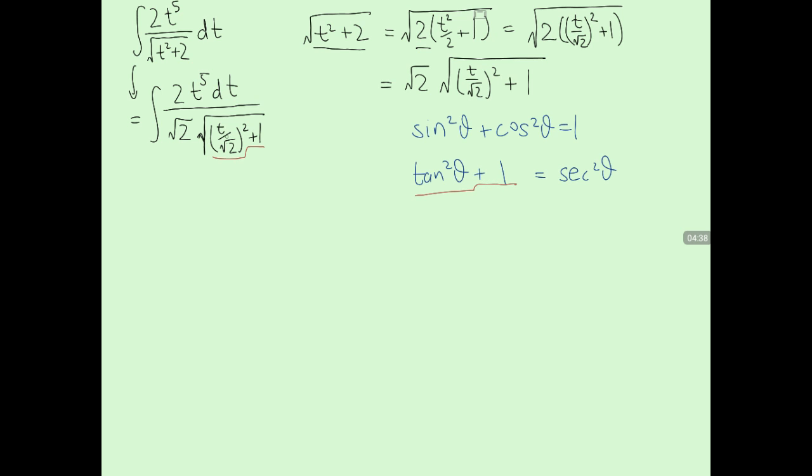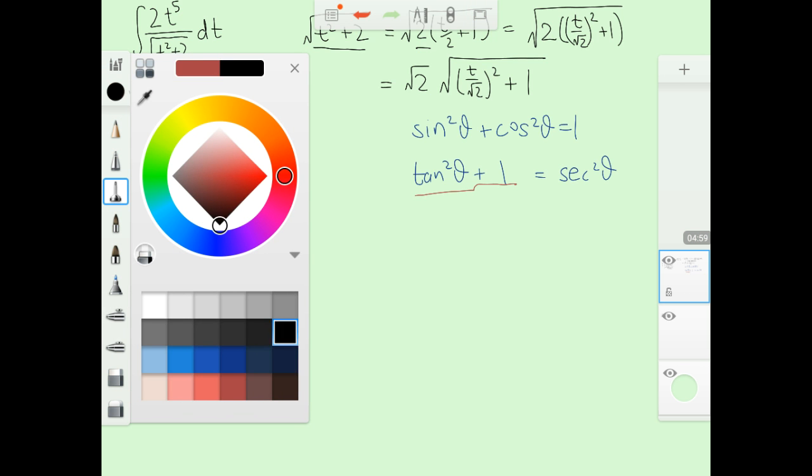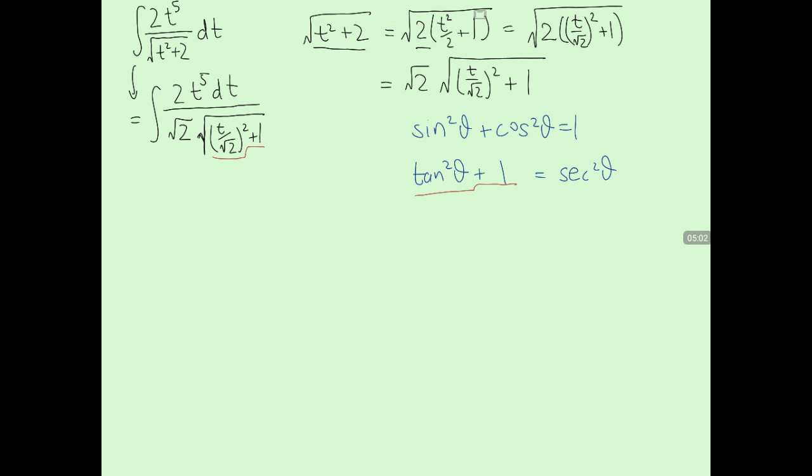So this thing squared should probably be tangent, because it is most similar to our expression here. Our ultimate goal is to convert this into secant squared, and then we can take the square root of that, and then it'll just be secant. So we are right now going to do that substitution.